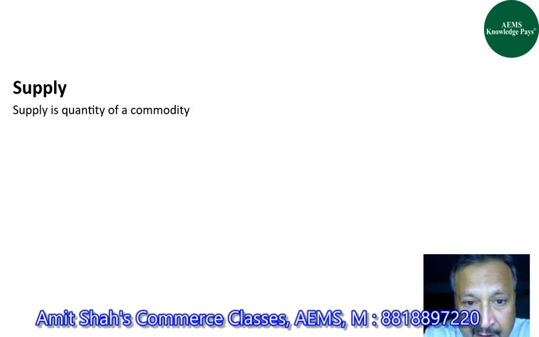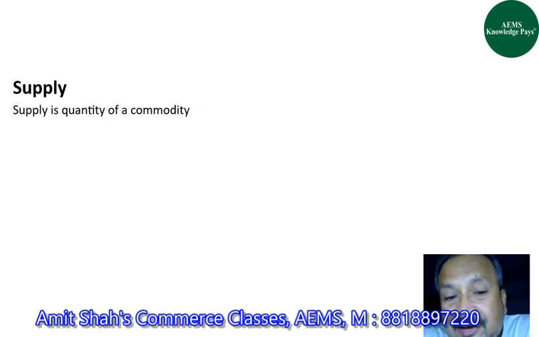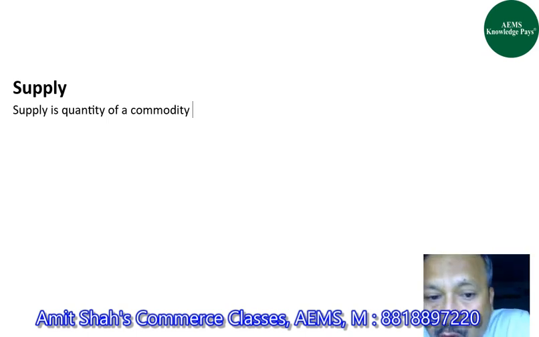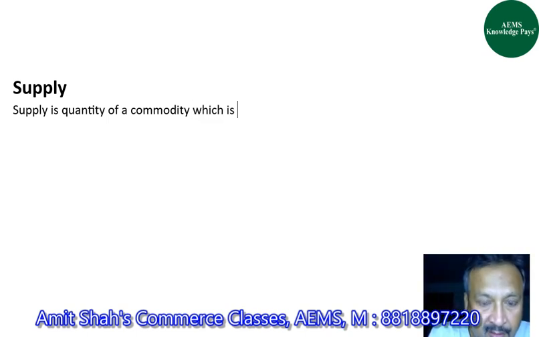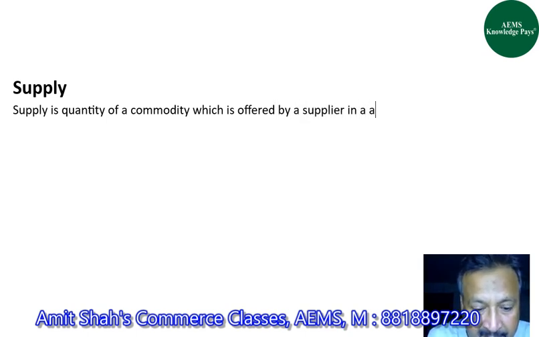Because we are still in microeconomics and not in macro. So here we talk about only one single commodity or one single consumer or one single producer. So supply is quantity of a commodity which is offered by a supplier in a particular market.